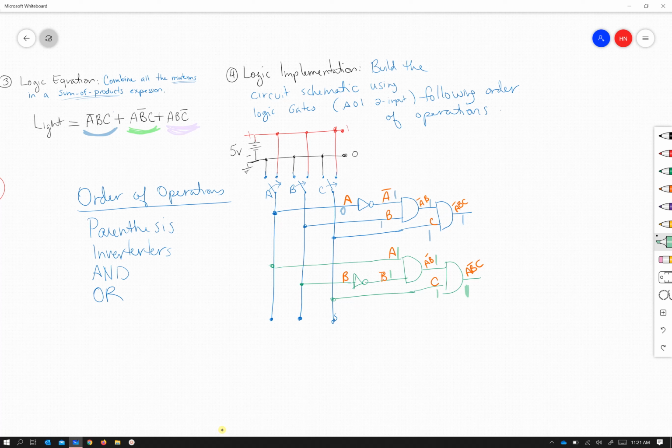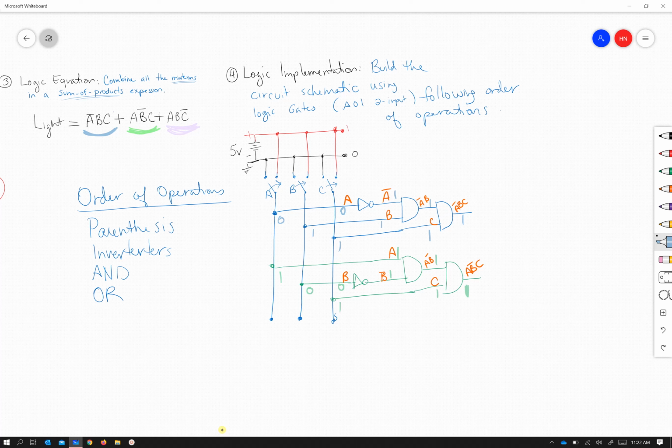And lastly, in order for the opposite of B to be a 1, B must be a 0. So in order to have a 1 right there, we're going to have a 1 at A, a 0 at B, and a 1 at C, as compared to the one above where it has to be 0, 1, 1 for A, B, and C.